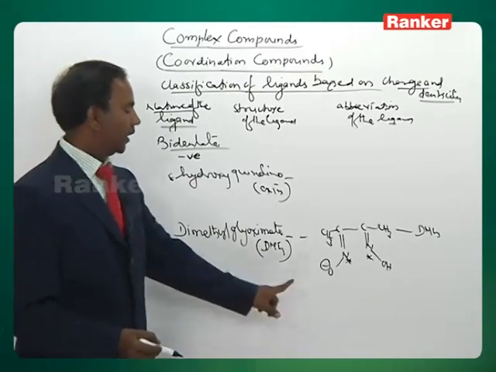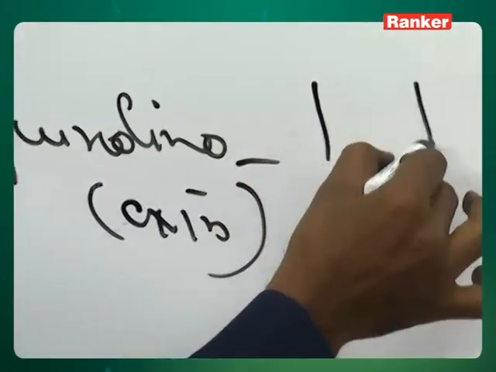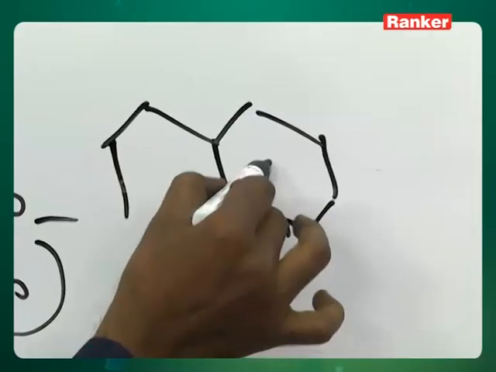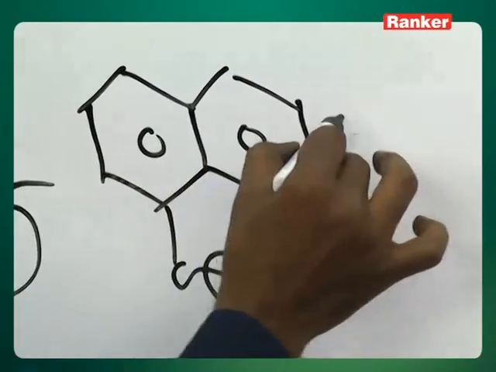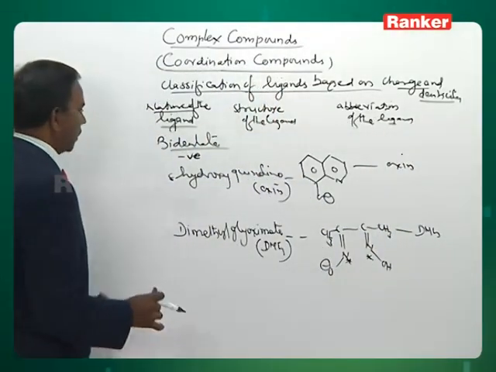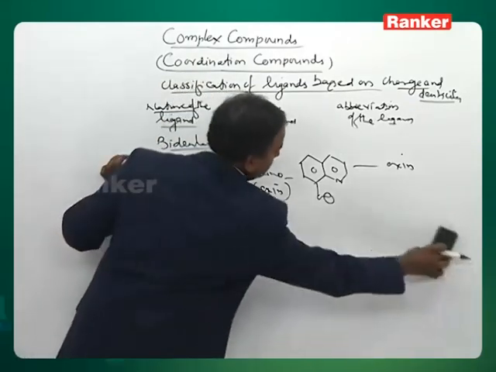DMG is carrying a single negative charge and oxine is carrying a single negative charge. This is the structure of this particular ligand, simply represented as O. So like this, dimethyl glyoxymato and 8-hydroxyquinolinol are represented.